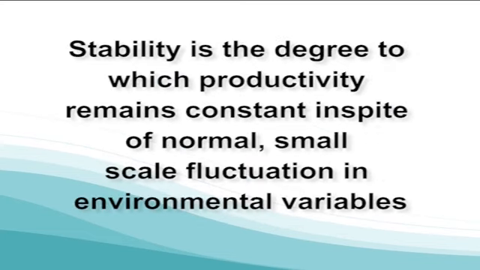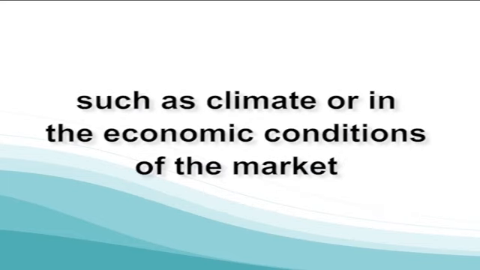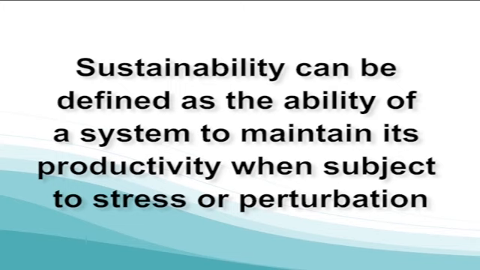Stability is the degree to which productivity remains constant in spite of normal small-scale fluctuations in environmental variables such as climate or in the economic conditions of the market. It is most conveniently measured by the reciprocal of the coefficient of variation in productivity.